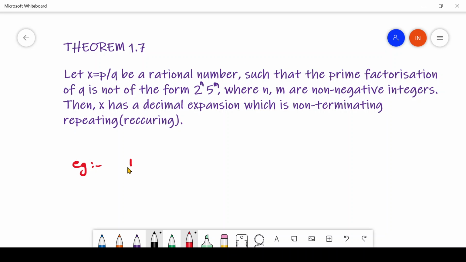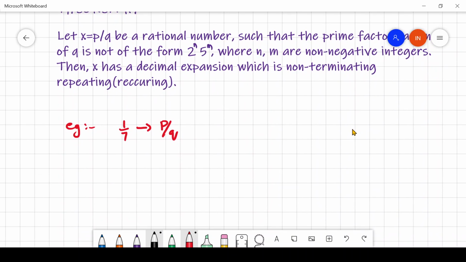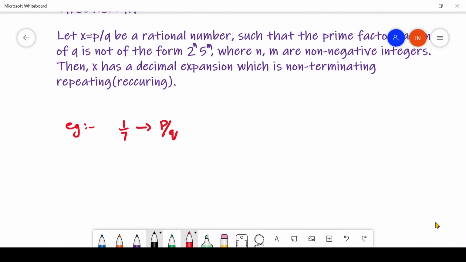1 by 7 is of the form p by q, right? I'm going to do the division of this. Let's see whether it is non-terminating. 1 by 7, you know how to divide this. We write 7 one time, so 3, then again 30, 4 times 28, then again 2, 0.